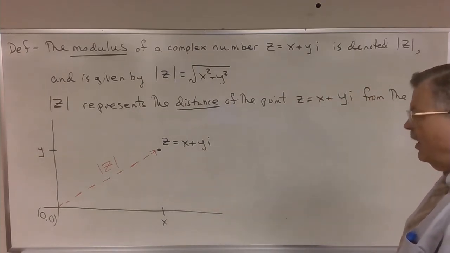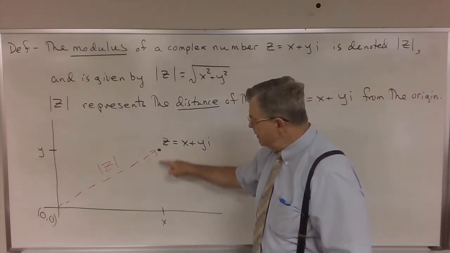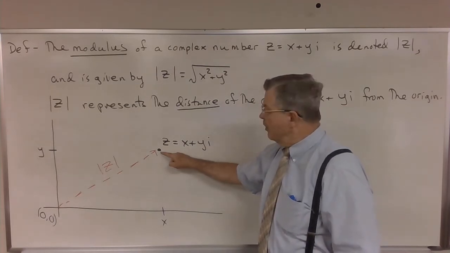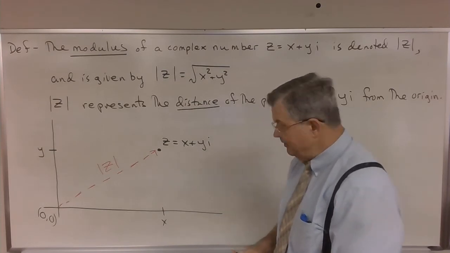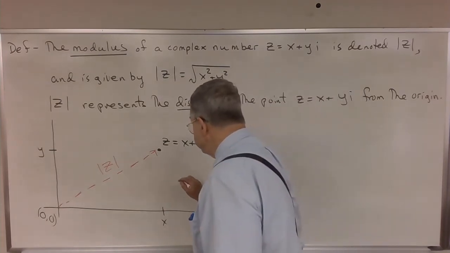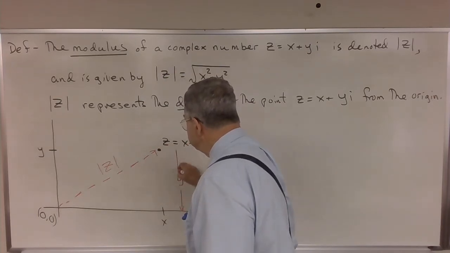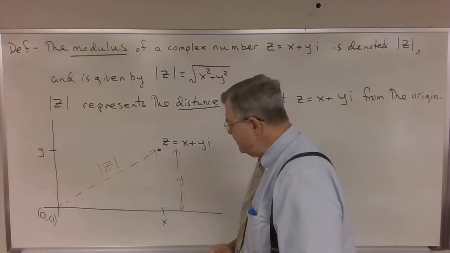Well, remember what y is. Y is the vertical displacement of the point from the x-axis, or y is the distance of the point from the x-axis. So this distance is y right here. And you know what?